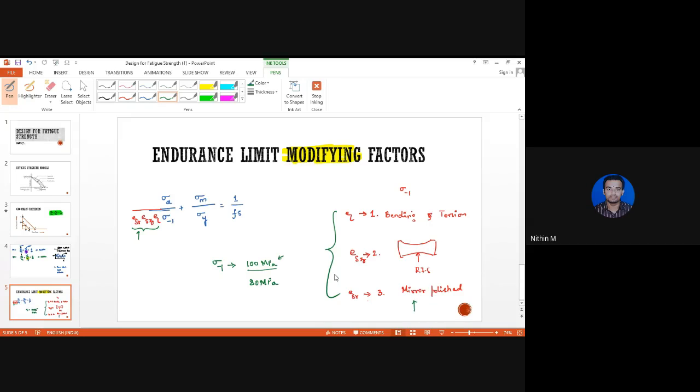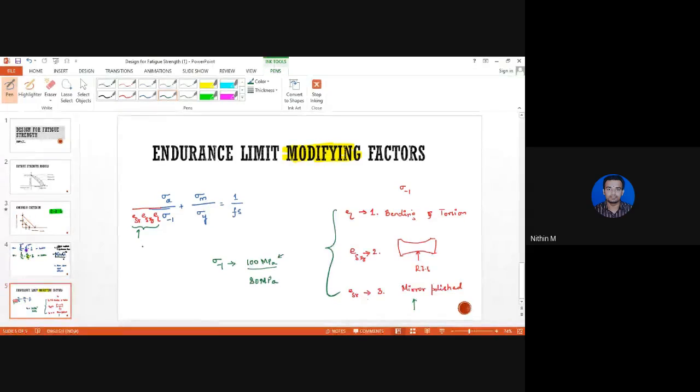OK, fine. Now that I have said these three factors influence negatively, these ESR, ESZ and EL, the value of these three factors, will it be greater than 1 or will it be less than 1? Less than 1. If these three factors had a value greater than 1, what would happen?